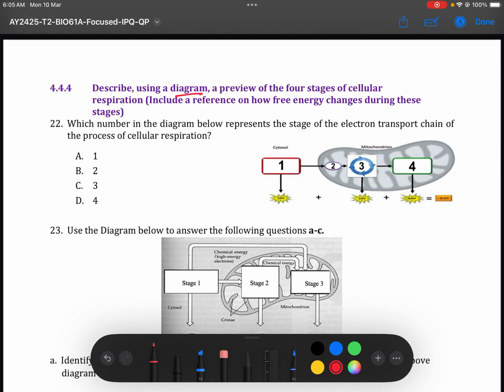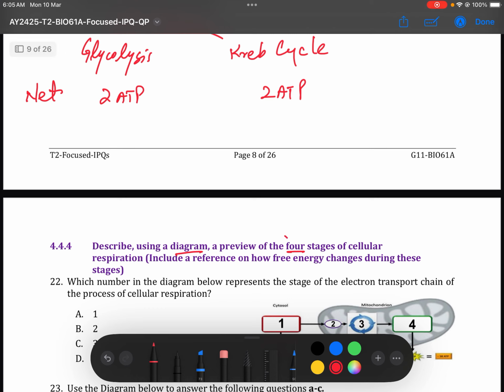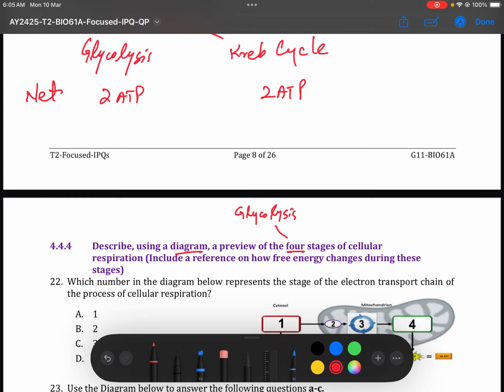Describe using a diagram the 4 stages of cellular respiration. So we need to know there are the 4 stages, right? 2 stages I just wrote up. One is glycolysis. Second is pyruvate oxidation.